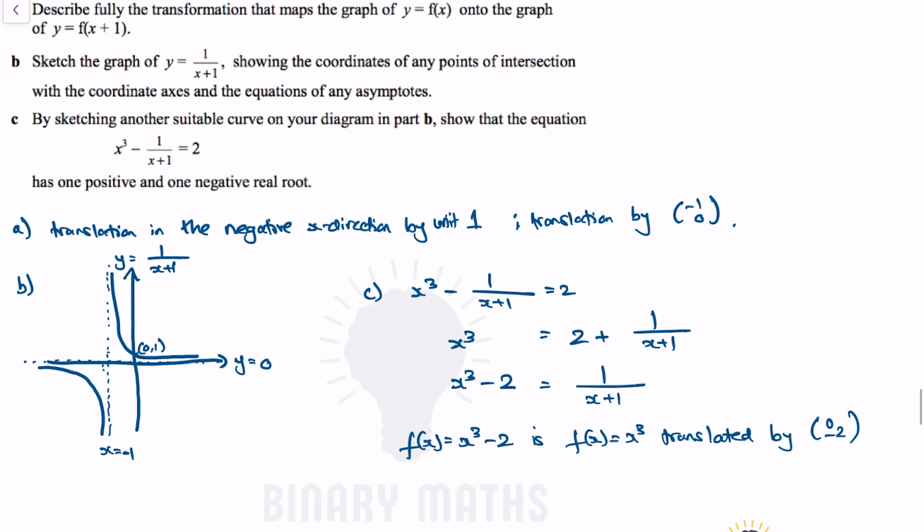So it's going to go through my (0, minus 2), and then it's a cubic graph, so it's like a twist. And you can see clearly there's two intersections. This intersection is a root which is negative, because you can read off that it's negative, and this is a root which is positive.